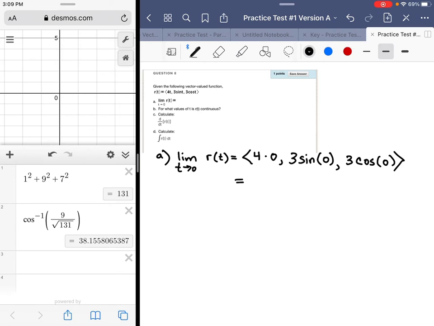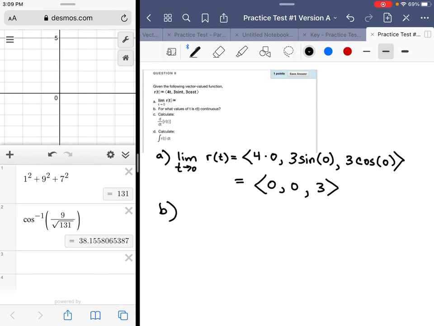All right, so we're talking 0, sine of 0 is equal to 0. Cosine of 0 is equal to 1, so 3 times 1, 3.